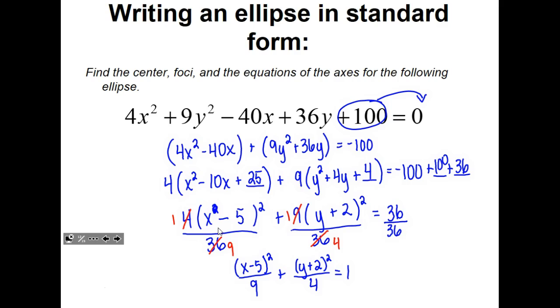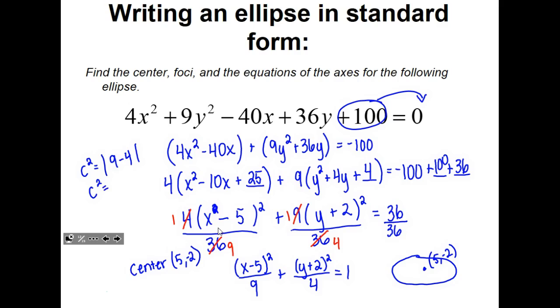So my center is at (5, negative 2). This ellipse is going to be a wide ellipse, and I've got that center there at (5, negative 2). And so I've got to find that c. So c squared is going to be the absolute value of 9 minus 4, which is c squared is 5.